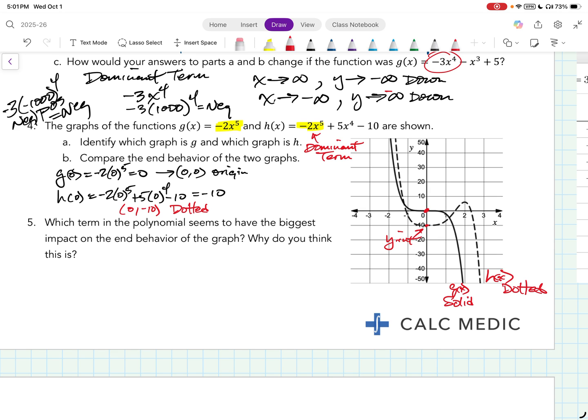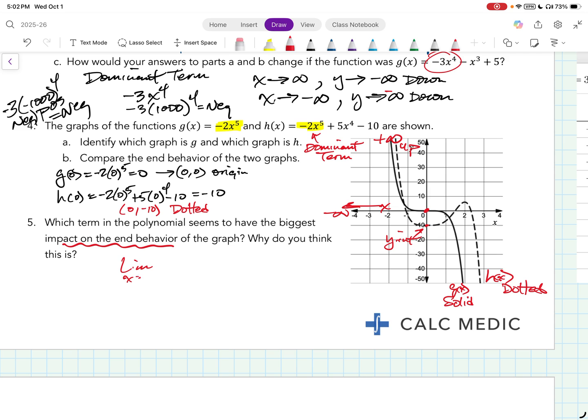Which term in the polynomial seems to have the biggest impact on the end behavior? Well, guess what? Notice that they have the same end behavior. As x approaches negative infinity, y approaches positive infinity because it goes up. Both have that behavior. That's called left end behavior. Okay, let me write it out.